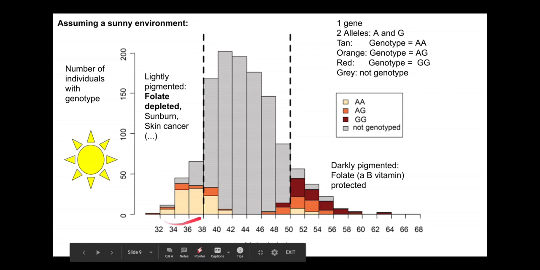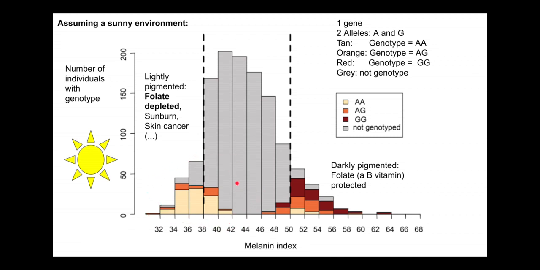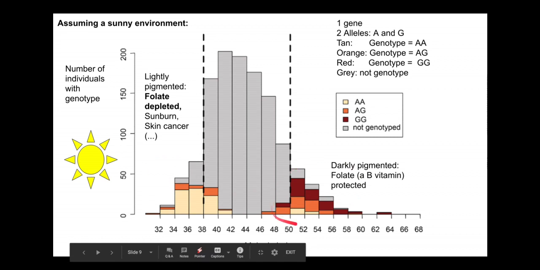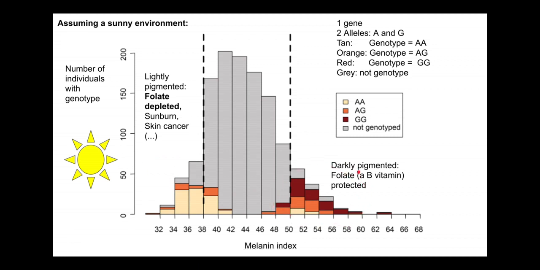So individuals on the light end might have a harder time producing offspring or producing healthy offspring. They might be more susceptible to early death through skin cancer. Individuals on the dark end of the spectrum are more likely to leave more offspring because they won't be folate deficient and they won't die early from skin cancer.